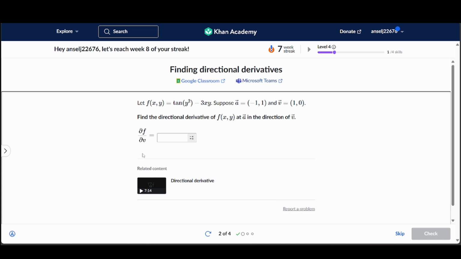Let f of x equal tan of y squared minus 3xy. Find the directional derivative of that. I don't even know what the derivative of tangent of x is. Oh no, that's a lie. I do. It's secant squared. So it's just chain rule.